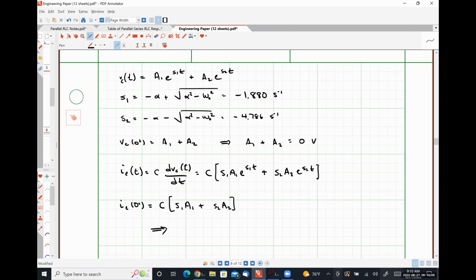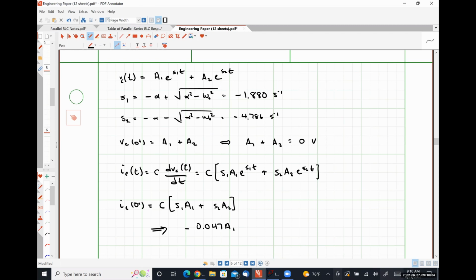And from here, we will have C times S1. So C was 25 millifarads. So that's negative 0.047 A1.